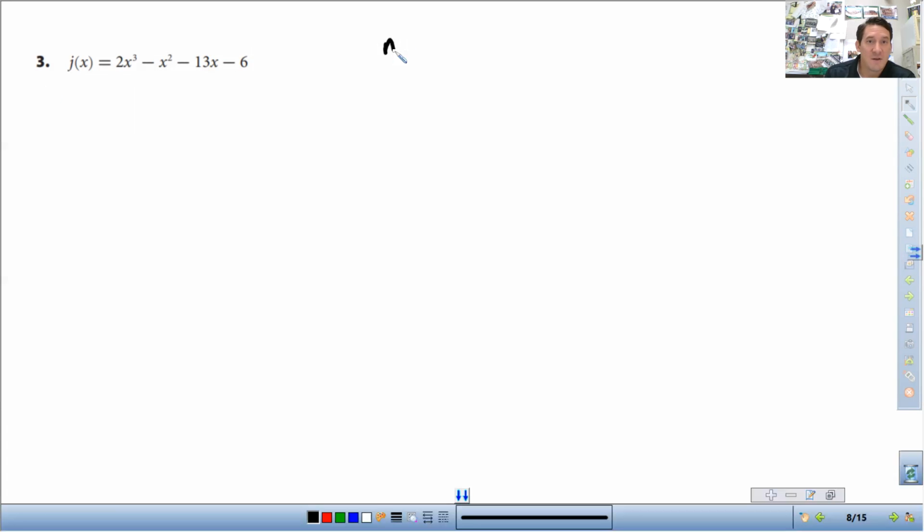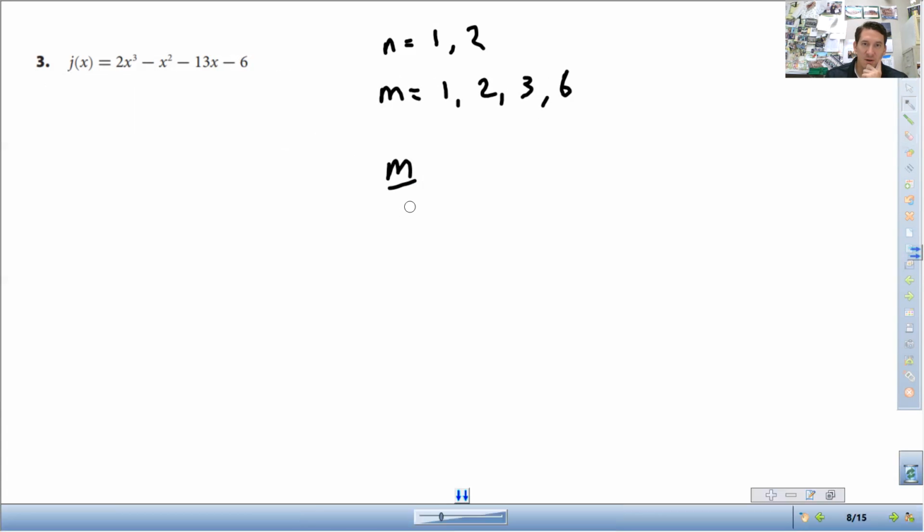N, the factors of the leading term are 1 and 2. The M, the factors of this number, it's going to be 1, 2, 3, and 6. So factors of 6. What divides 6 there? So M over N. So all possible zeros. So plus or minus 1 over 1, which is 1.